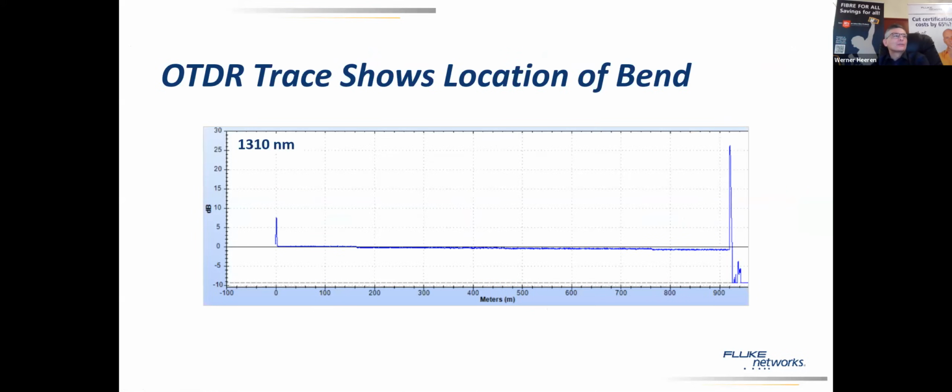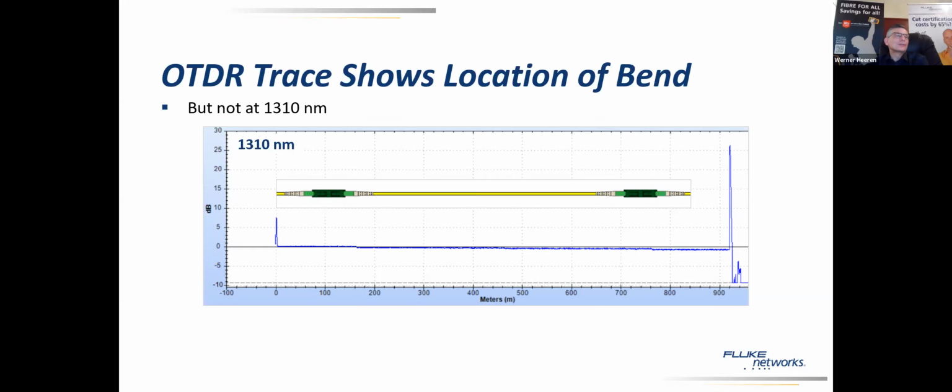On an OTDR trace, it is a little bit more challenging to show where the bend is, because if you only take the one wavelength, the 1310, you see here a small dip two times, but it could be a splice, so it's very challenging. Here you see, remember, the APC connector has very small loss, another one here.